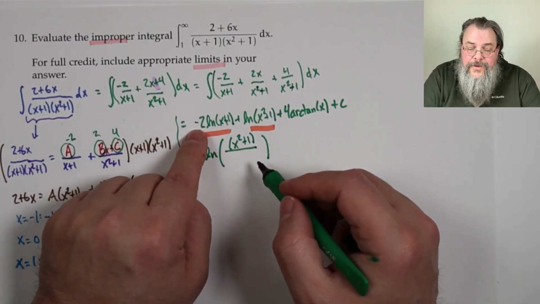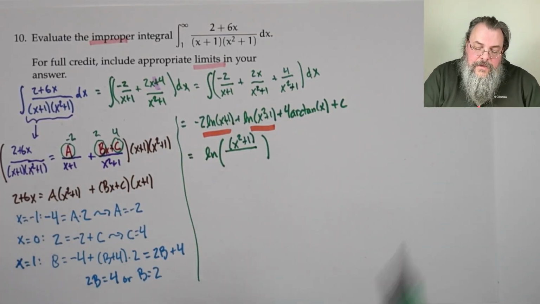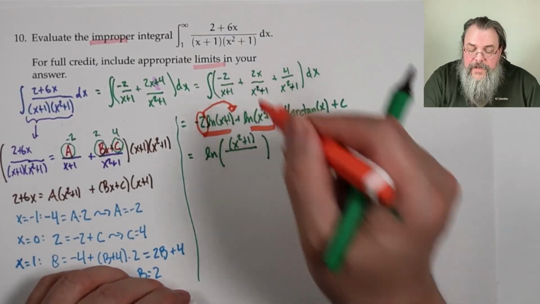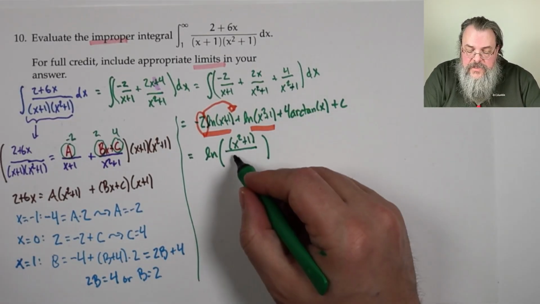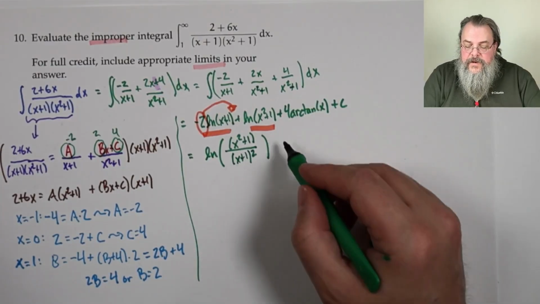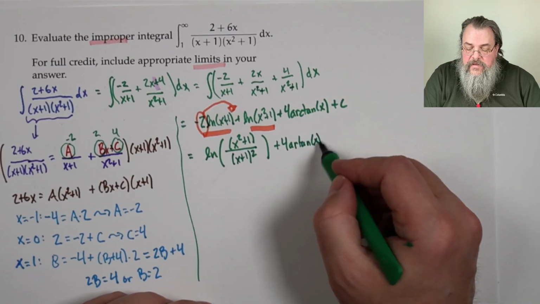How do you handle that 2? Well, you take that 2, and it's going to come in as an exponent. So we really have downstairs x plus 1 squared. All right, plus 4 arctan x.